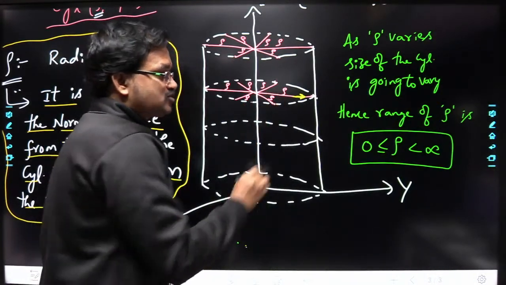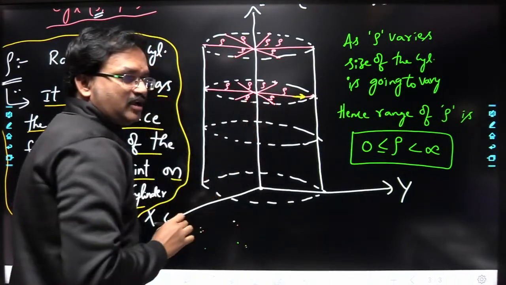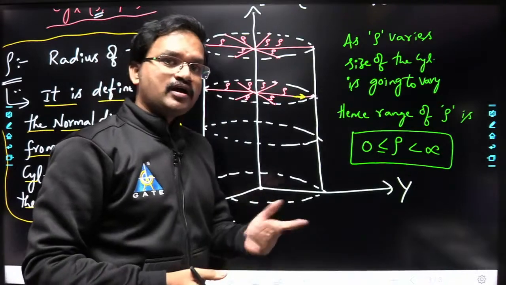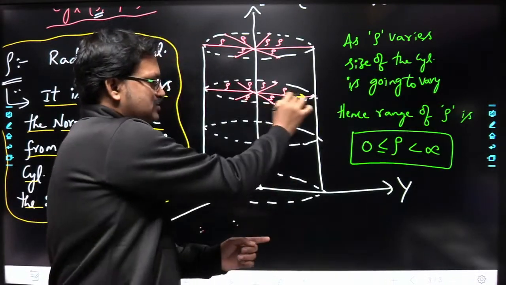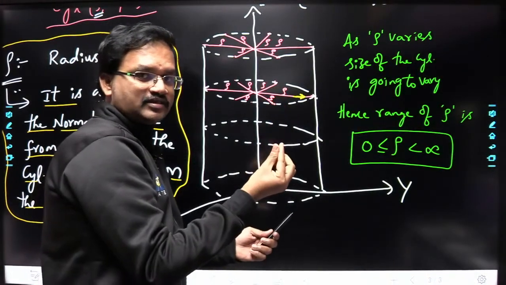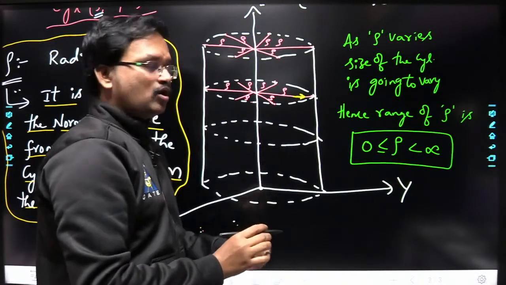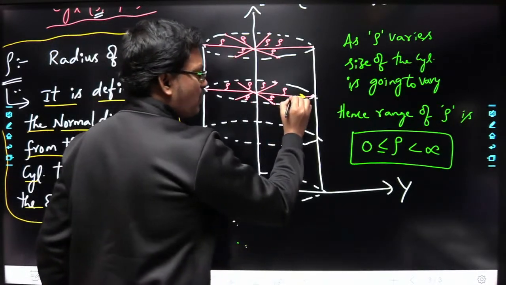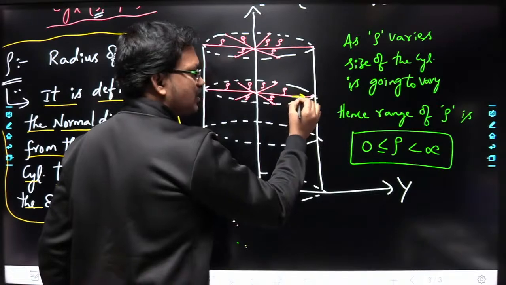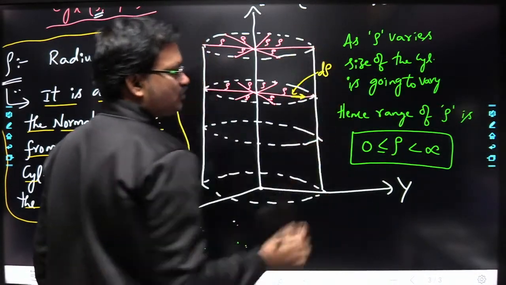Rho is simply a straight line. So if you move along rho by a small differential length, you are going to move along a straight line path. Hence we can represent this small differential length along rho simply as d rho.